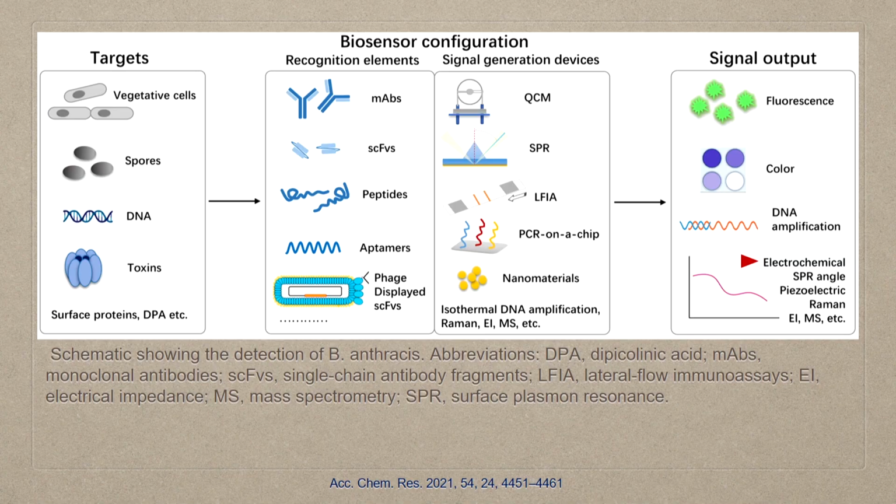There are conjugated secondary antibodies or fluorescent probes or nano probes which are used for detecting signals. So much of the advancement in this field, we owe it to microfluidics and microfabrication and biomems technologies. So this is where we are today.